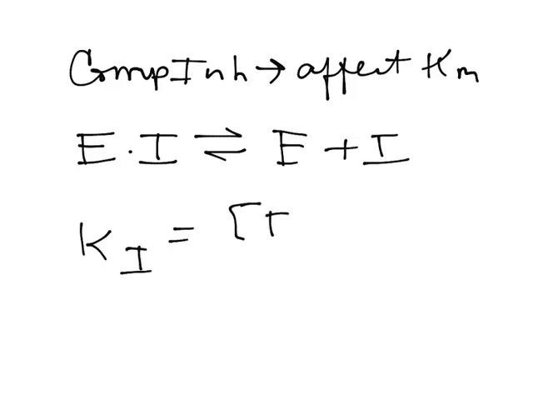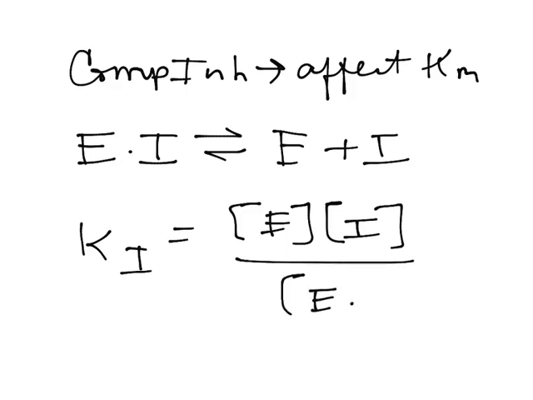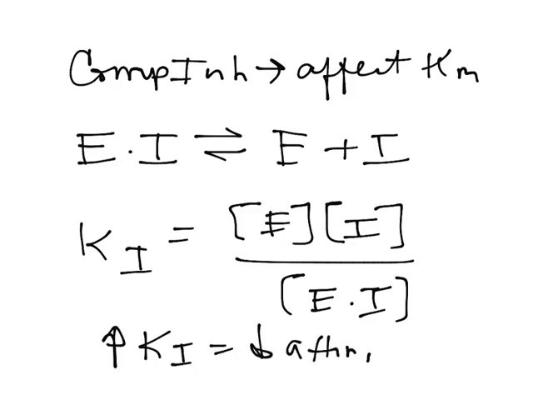That's the dissociation constant that describes the affinity of the inhibitor for that particular enzyme. So the higher the Ki, the worse the affinity. The higher the Ki, the worse that inhibitor is. It's not as good at its job of being an inhibitor.